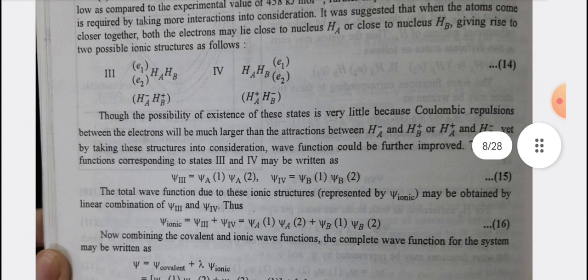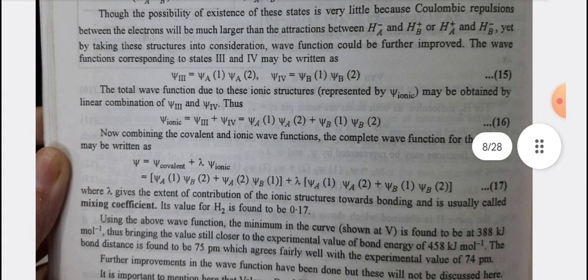Equation 14. Though the possibility of existence of these states is very little, because the Coulombic repulsion between the electrons will be much larger than the attraction between HA negative and HB positive or HA positive and HB negative, yet by taking these structures into consideration, the wave function could be further improved.